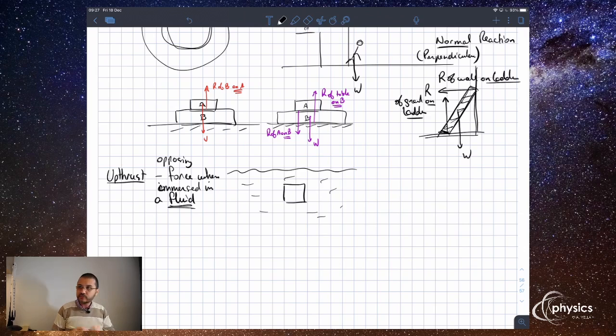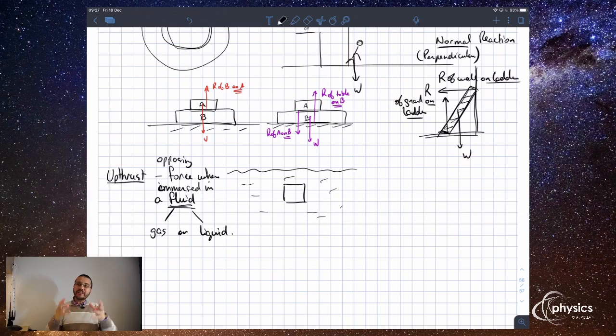When we use the word fluid in physics, it means a gas or a liquid. So whenever you have an object which is immersed in a fluid, it can be immersed in air, in water, in oil. In a fluid, you don't have the reaction force because the object is not pushing a solid object that will push back.